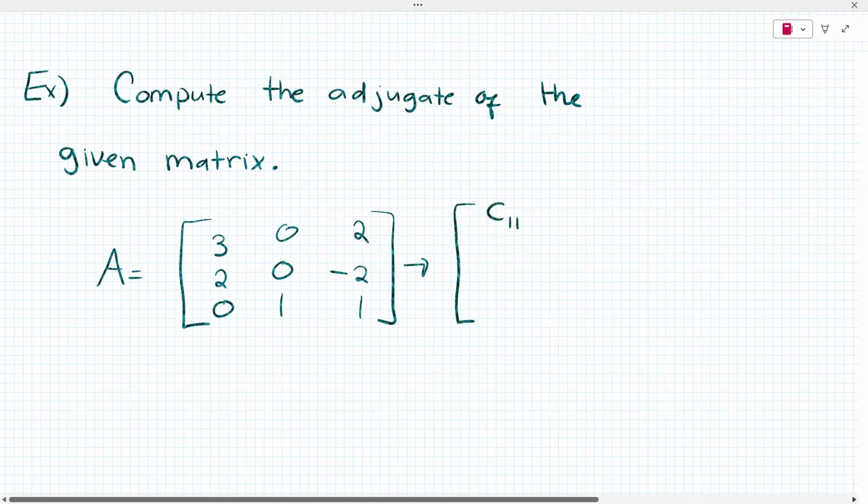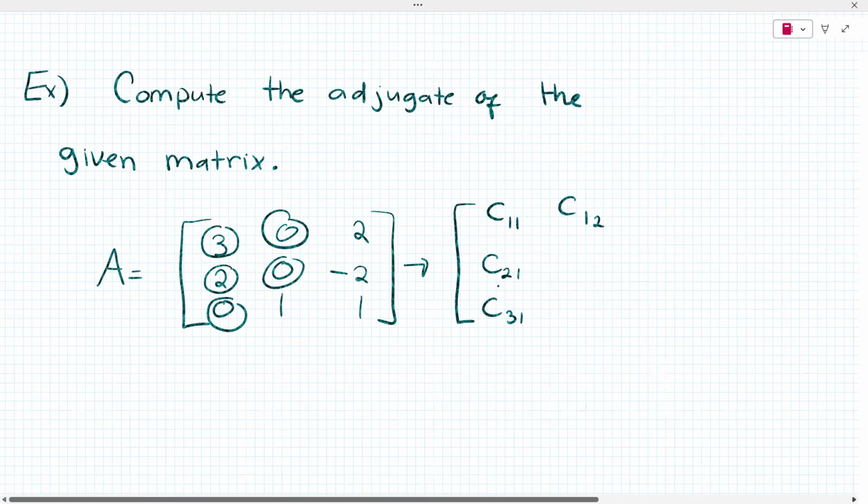If you want to locate this number, this 1 means row 1 and this 1 over here means column 1, so C11. If you want to locate this 2, it could be expressed as C21, second row, first column. This 0 would be C31, third row, first column, etc. This 0 would be row 1, column 2, so C12.